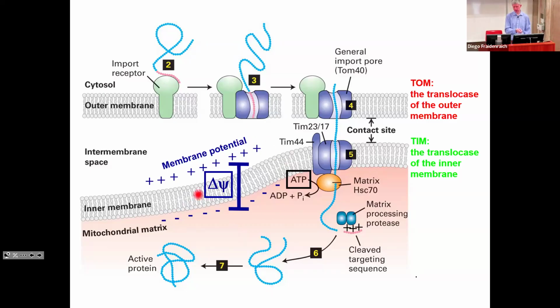During the establishing of the membrane potential, you have to go back to respiration. Protons are pumped from the matrix to the inner membrane space. So what you create is a negatively charged environment in the matrix, and that drags or pulls the positively charged signal sequence into this environment.